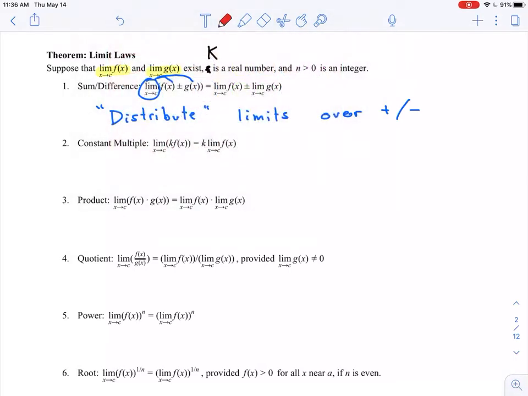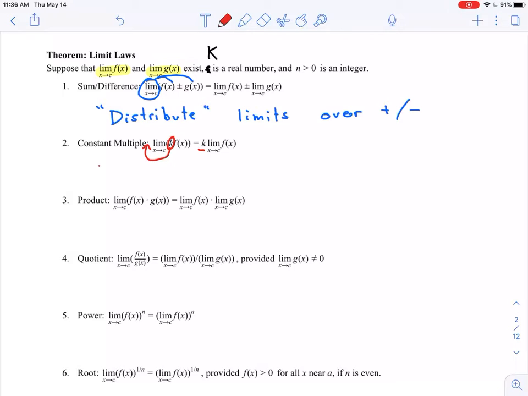The second limit rule says if you are working with a constant multiple k, so here I have the limit as x approaches c of k times f of x. It's easy just to sneak that in here. Essentially, it says we can factor that out so that it's right here, k times the limit as x approaches c of f of x.